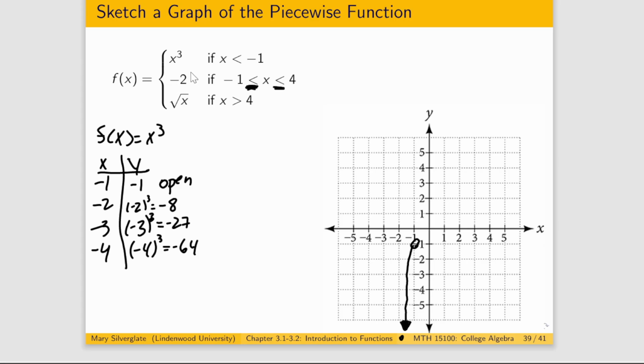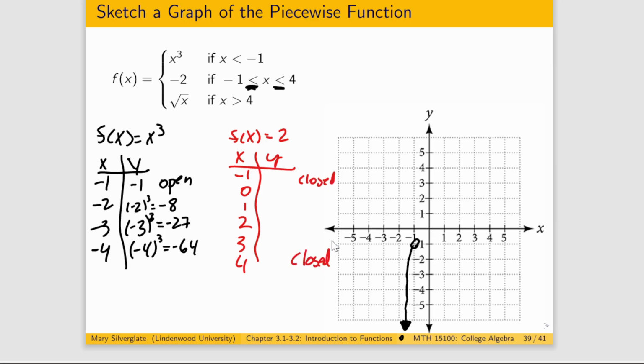Again, that's actually less work because that's saying all of these inputs in between here, the output is just plain old -2. So let's go ahead and note that in a little table. So here, if I've got my xy's, here I'm counting from -1 all the way up to 4. And here it's closed circle on both because we've got an or equal to on both.